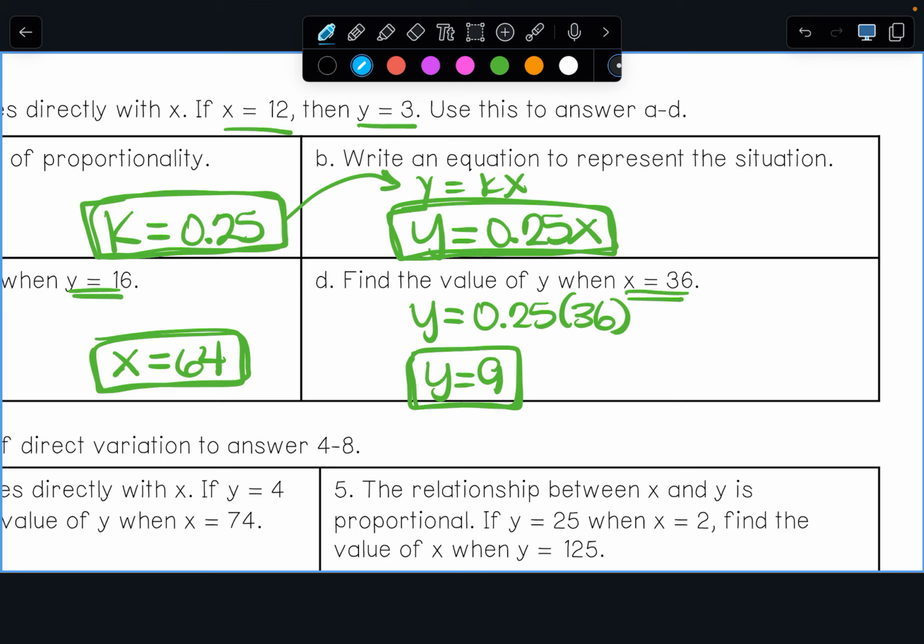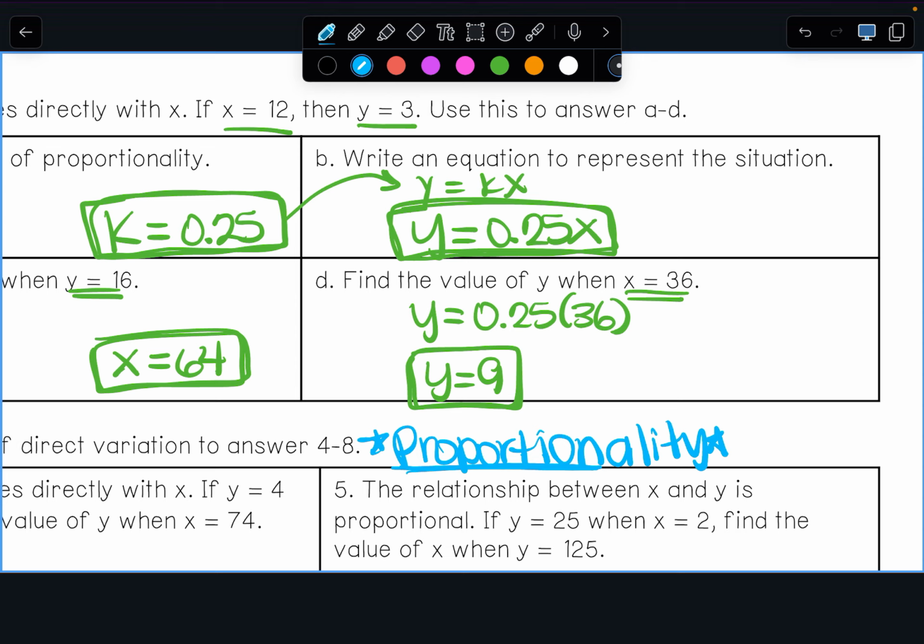Well, one of the words that's used to describe direct variation is the constant of proportionality. Think of that word, proportionality. You guys have heard the word proportion before. When you're thinking of a proportion, most students go straight to the butterfly method.